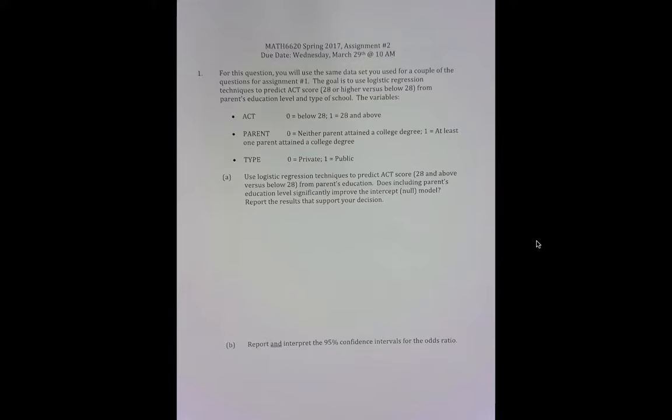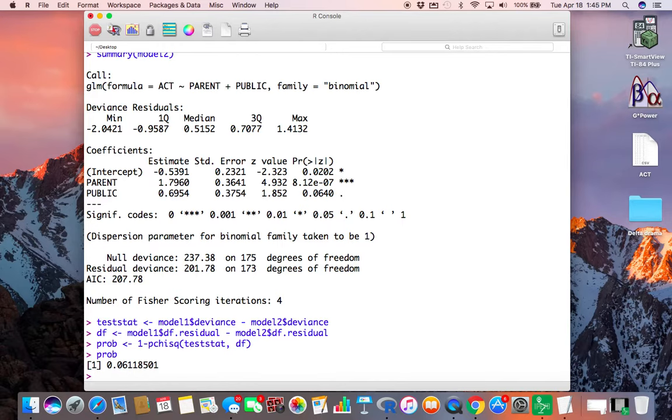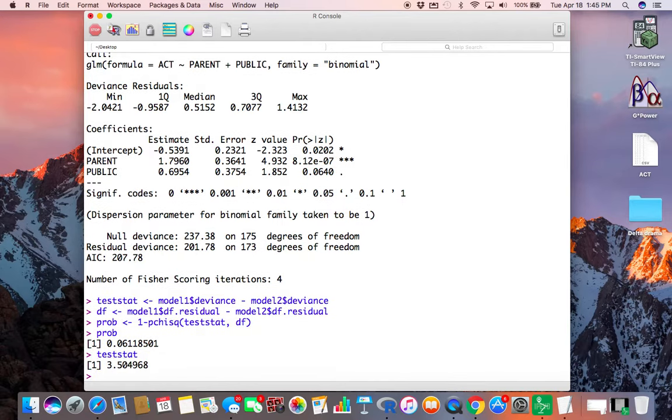Then we're going to go up and get our probability, and then we'll look at our probability. So our probability is 0.0611, and let's get our test statistics so we can report it. And of course, our degrees of freedom will be 1. So 3.505.